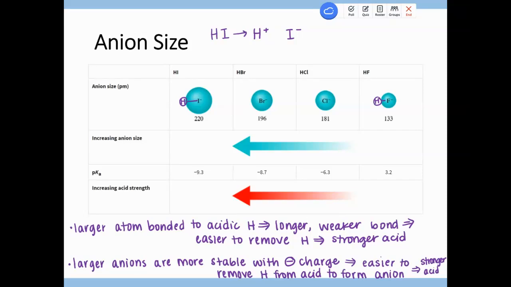So the trends work both ways. Iodine's a larger atom, so it has a weaker bond to hydrogen that's easier to break. And iodide with a negative charge is more stable, which is another reason why HI is a stronger acid. This is most relevant when comparing atoms in the same group.